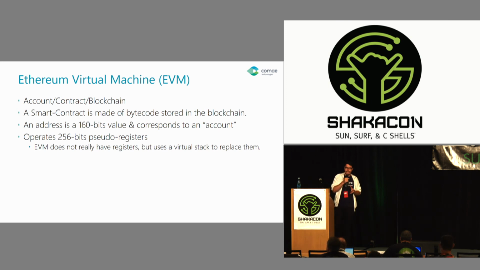They're not exactly like the registers we would know with traditional architectures like x86. Instead, it's using a virtual stack where it keeps pushing those registers onto the stack. And each address, which corresponds to an account or contract, is encoded on 160 bits.